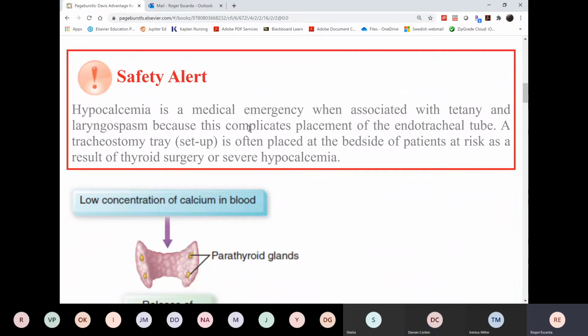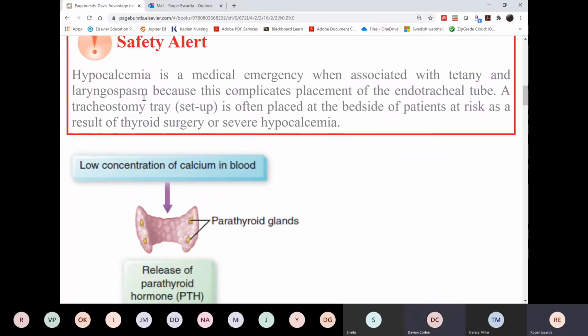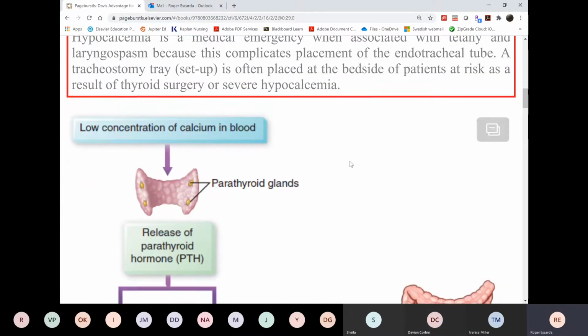Please read this safety alert. This was also mentioned in thyroidectomy. You already know about the tracheostomy, right?